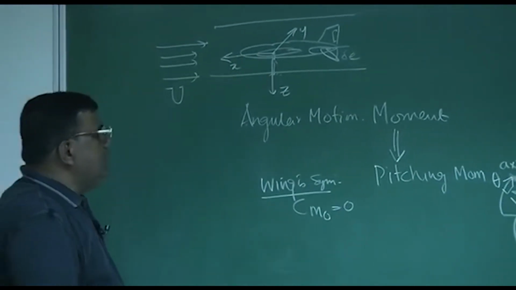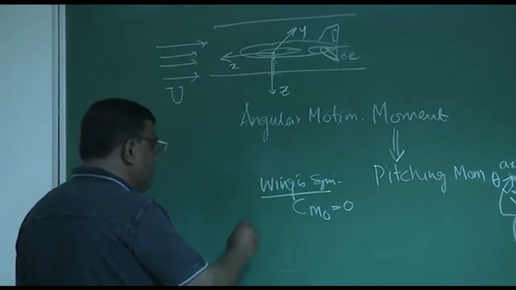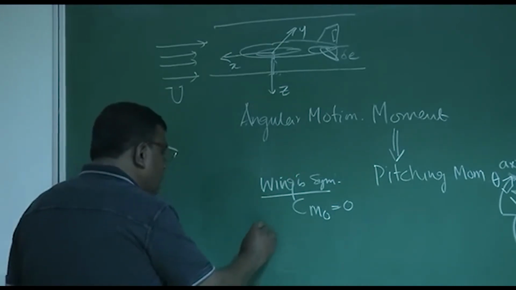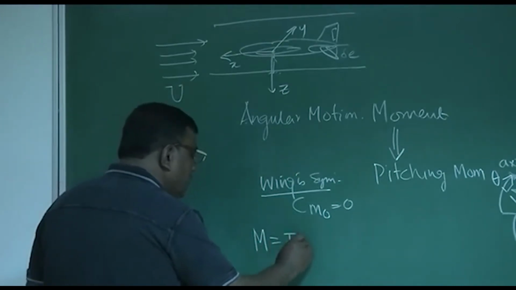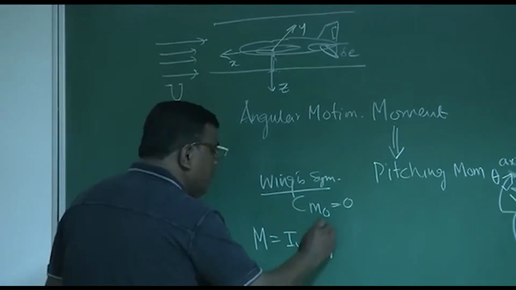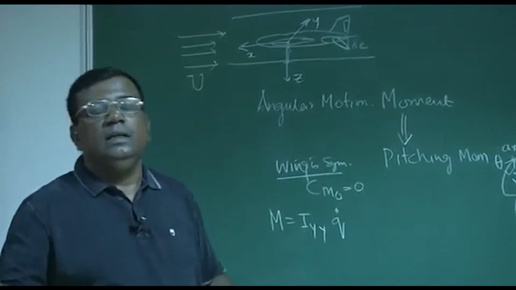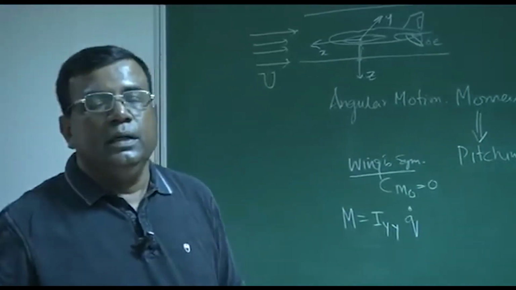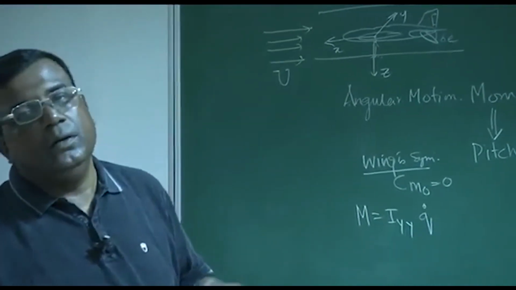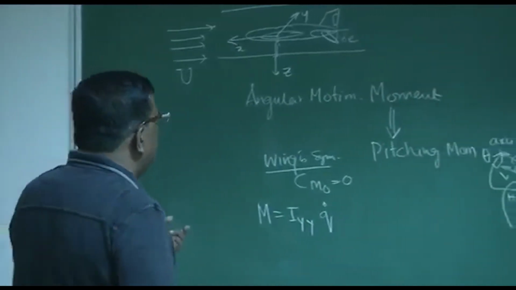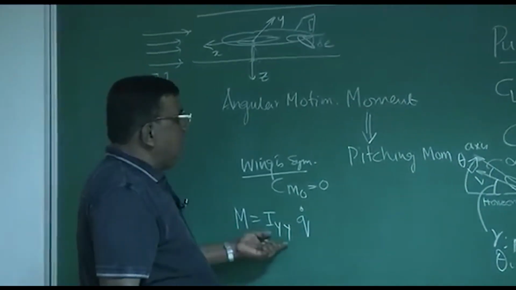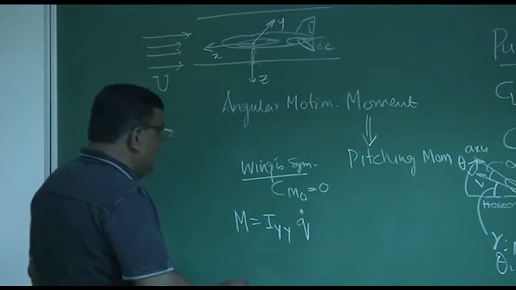Since we are talking about pitching moment, this moment is equal to Iyy q dot, because we are only talking about this motion. There is nothing coming from yaw rate or roll rate. It is only pure pitch. So I can write M equals Iyy q dot. And what is M?